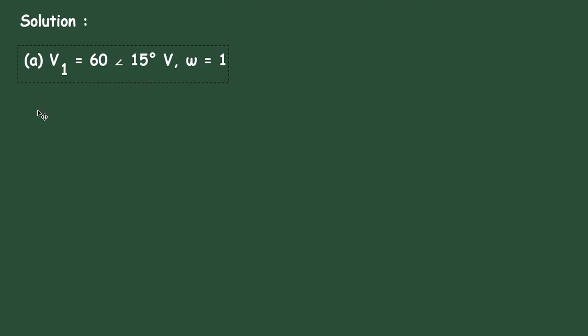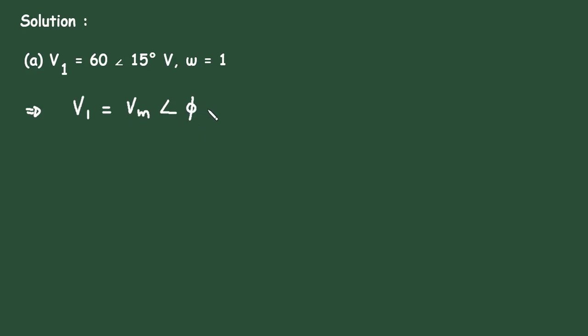Now here V1 is given. V1 is equal to 60 at an angle 15 degree volts, and omega is the angular frequency. It is equal to 1. Its unit will be radian per second. Now here V1 is equal to Vm at an angle phi.